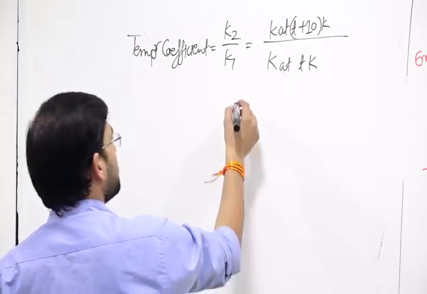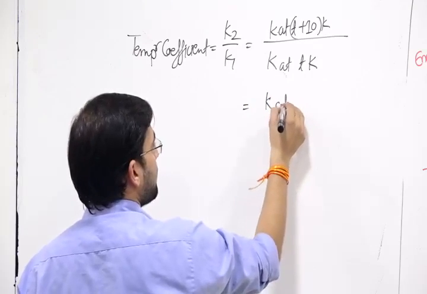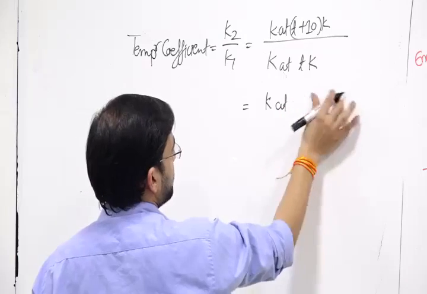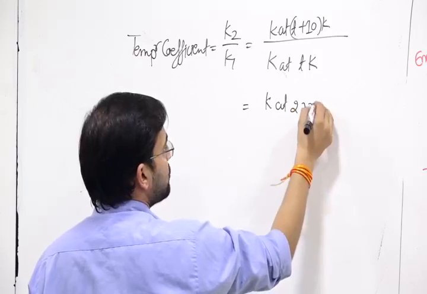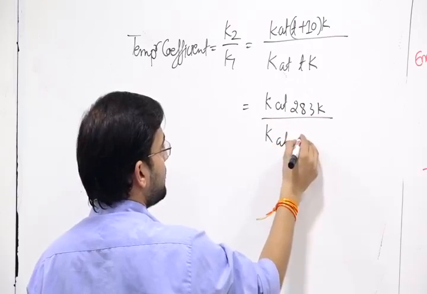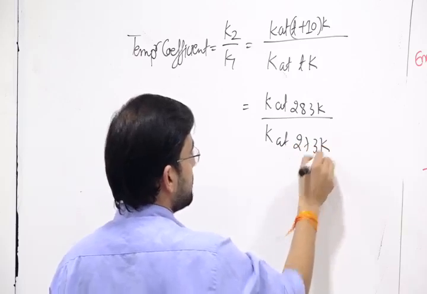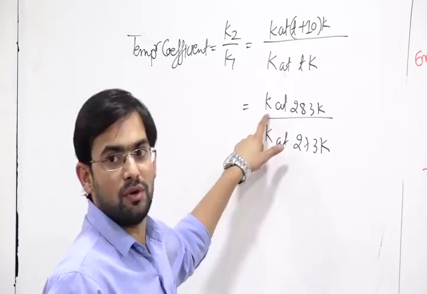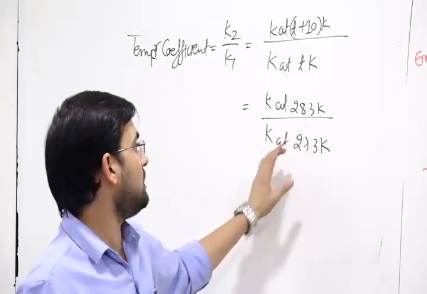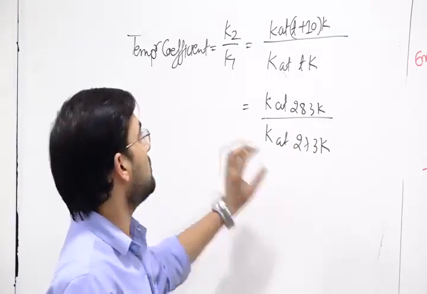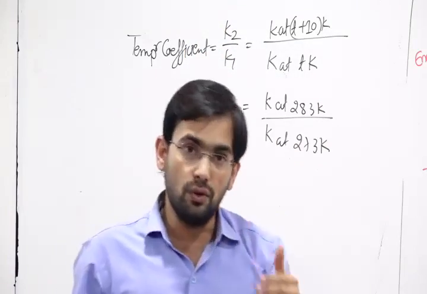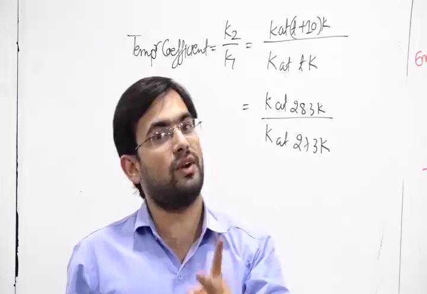That means, for example, K at 283 Kelvin over K at 273 Kelvin. You will write the formula for K, but for T here you will write 283, and here you will write 273. It's a ratio of two rate constants calculated at two different temperatures.